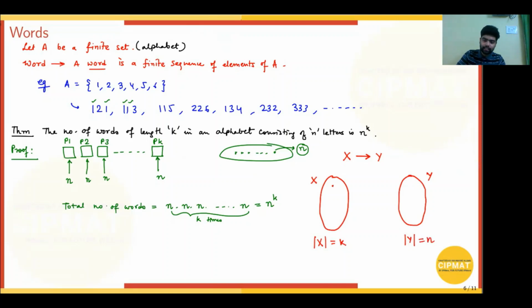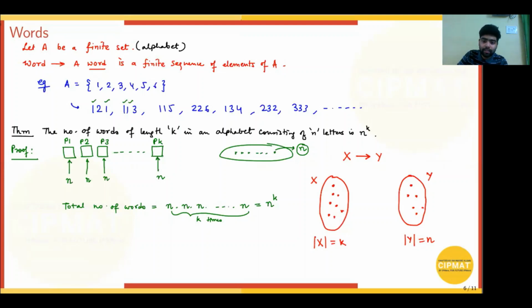And let's say that the elements over here are something like this, and the elements over here are something like this, in this way. Now you can see, how many ways can I map this particular set?